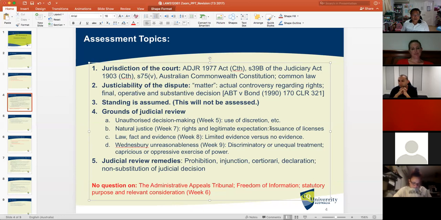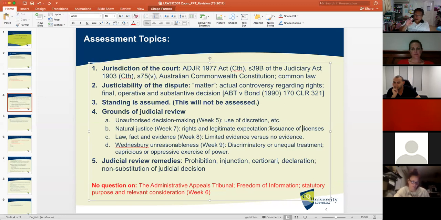We've discussed 1, 2, 3, 4. Let's talk about judicial review remedies, which is the fifth element for judicial review. There are two aspects of the judicial review remedies topic. One is the specific ones, and then I'll talk about non-substitution of judicial decisions. So there will be four particular judicial review remedies that you will need to look into: prohibition, injunction, certiorari, and declaration.